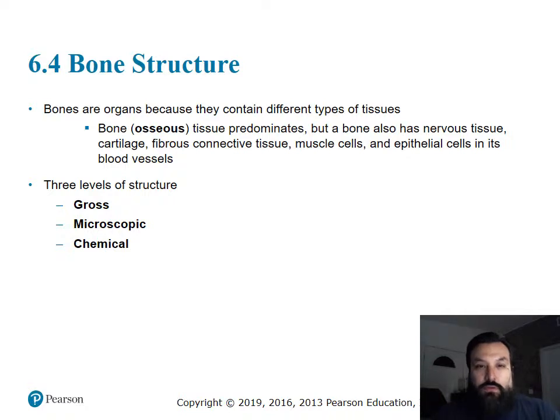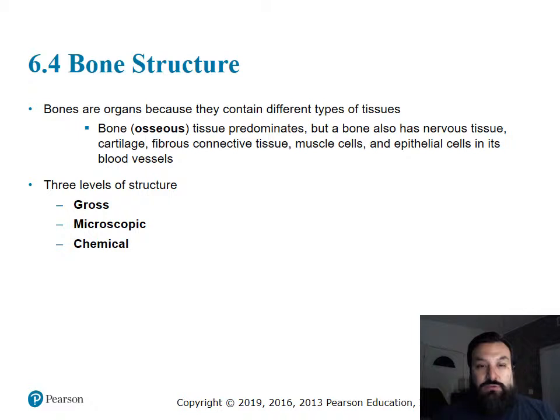Okay, so we consider bones organs because they have many different types of tissue. More than two types of tissue that share a common function is considered an organ, right? And so bones are considered an organ itself because it has many different types of tissue.